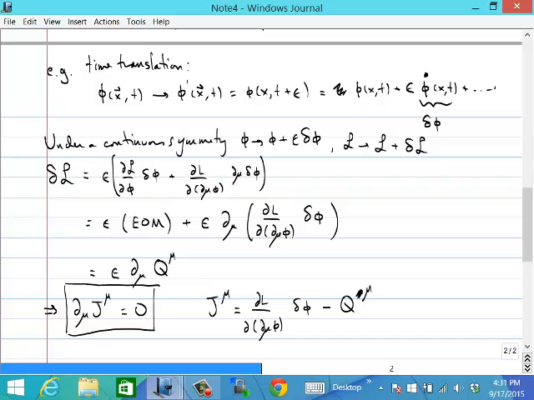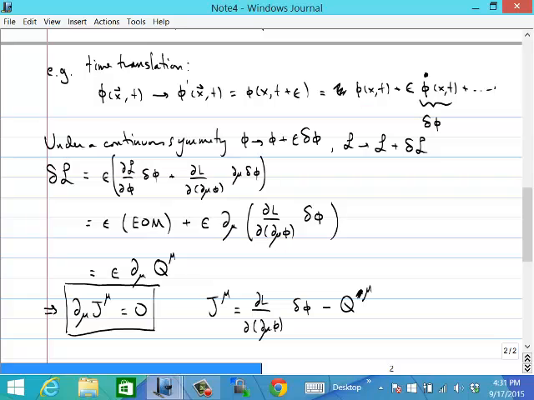So sorry if that was a little unclear. The basic point is that when you have a symmetry, you think about the variation of the Lagrangian with respect to that symmetry, and you get the equations of motion plus a total derivative term. And the Lagrangian, in order for the action to be invariant, has to change by some other total derivative term that I called q.